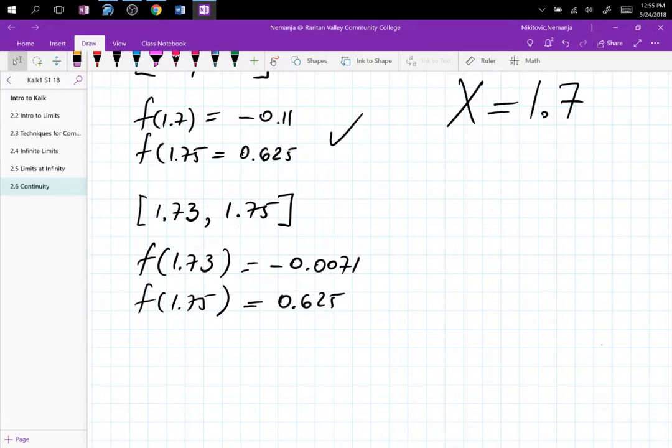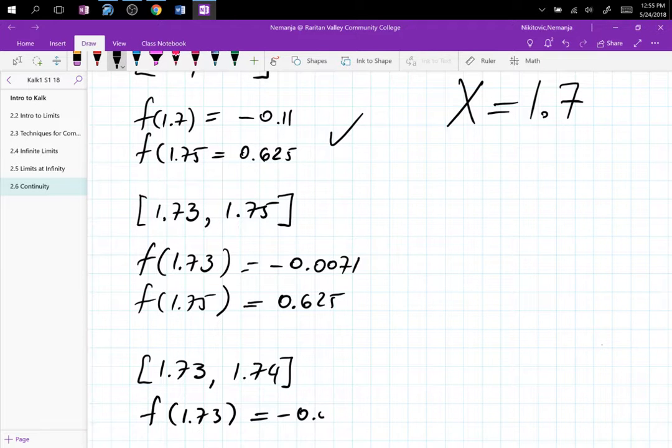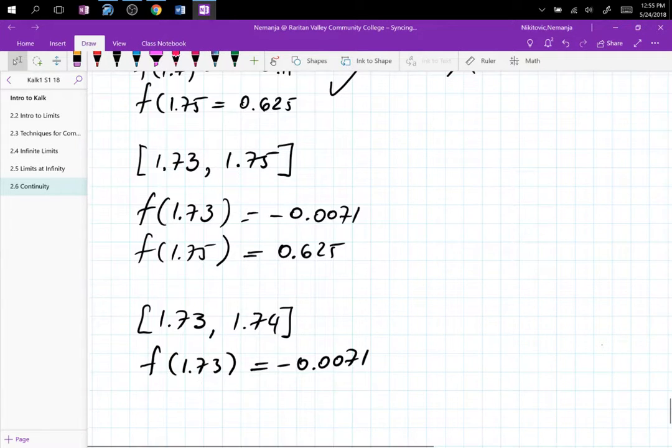Now, you don't know if you are going to use 1.74 on a first or a second, but it doesn't matter. Pick any. If you get same values, reject it, use the other one, and that immediately gives you the next digit. Next calculation has to give you next digit. So let's go with 1.73, and this is where I'm going to stop. 1.74. So we need f of 1.73. We know that's negative 0.0071. That's the same as before.